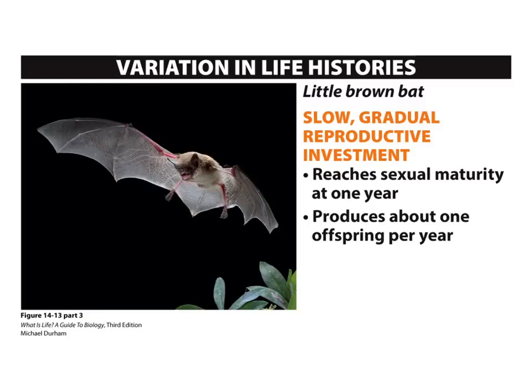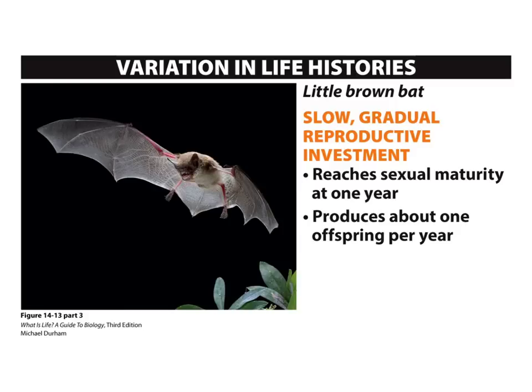Bats reach sexual maturity at about 1 year of age, and they produce small litters, usually one offspring per year. It takes a long time for that offspring to reach maturity and be weaned and go off on its own, especially compared to something like the mouse. These organisms are putting a lot of energy into maintenance of self and less energy into each reproductive event. This gives them a longer lifespan overall and more reproductive events.